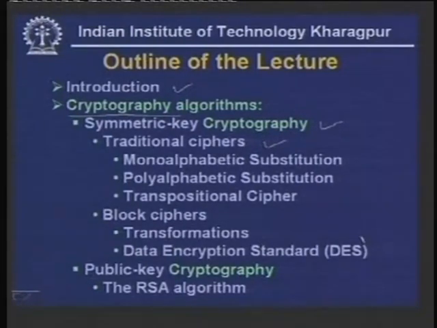We shall explain what are the different transformations and explain one important cryptography technique which is known as data encryption standard, DES, which is widely used. Then another new cryptography technique which is known as public key cryptography, I shall discuss about it, and one application of public key cryptography, that is the RSA algorithm, will be discussed.